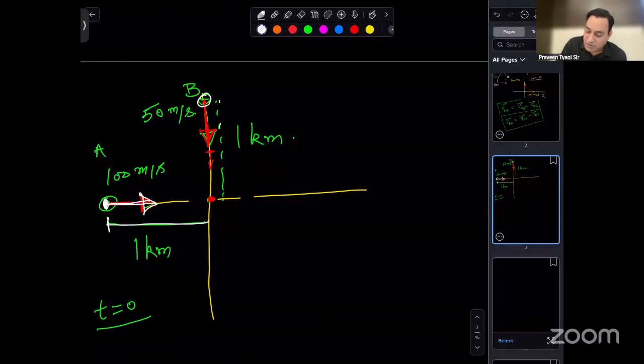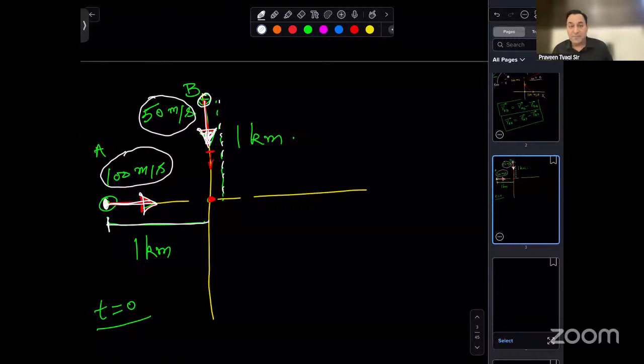He's also 1 kilometer away from the origin, and he's moving along negative y direction, and his velocity is 50 meter per second. A's velocity is 100 meter per second. And my question now is, what will be the closest distance between the two when they come closest to each other?